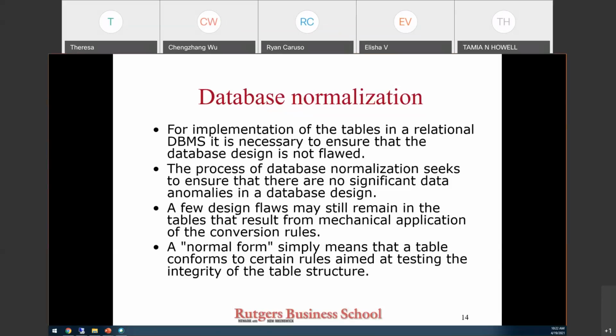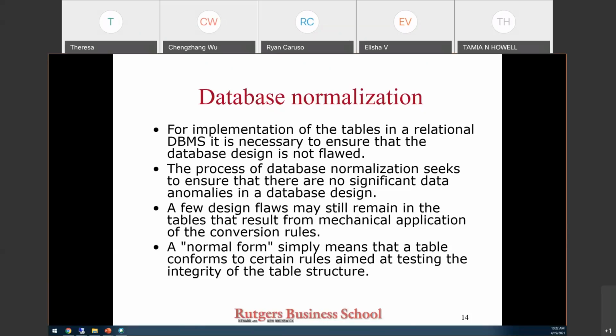But prior to implementation in a relational DBMS, it is necessary to ensure that the design of the database is not flawed. So the process of database normalization, which is introduced in this class, seeks to ensure that there's no significant data anomalies in the database design.